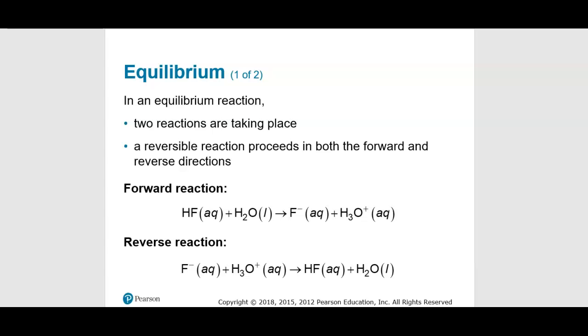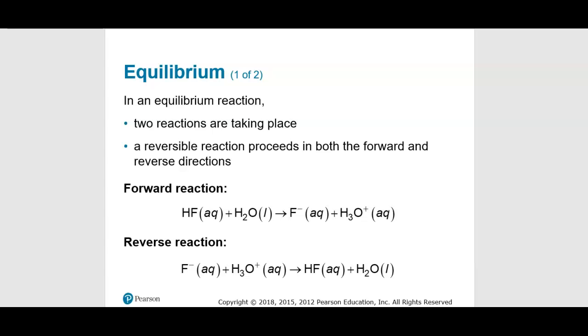In an equilibrium reaction, 2 reactions take place, a forward reaction and a reverse reaction. So far, you're probably used to seeing reactions written like the forward reaction here, HF plus H2O, both aqueous, of course. Water is the liquid, the solvent. Going to fluoride and hydronium ion.